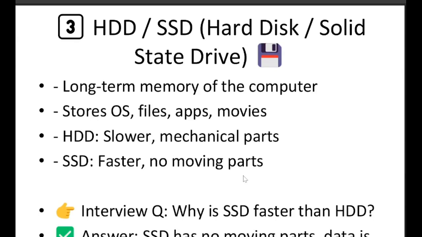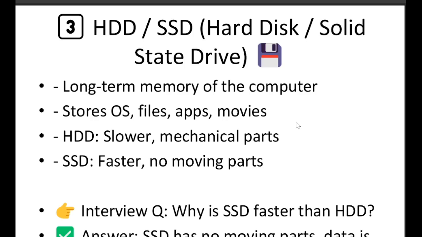Third, you can see here: what is a hard disk? As a short form you can write HDD for hard disk and SSD for solid state drive. Hard disk is the long-term memory of the computer. It stores the OS (operating system), files, apps, movies. All of these are stored in the hard disk.